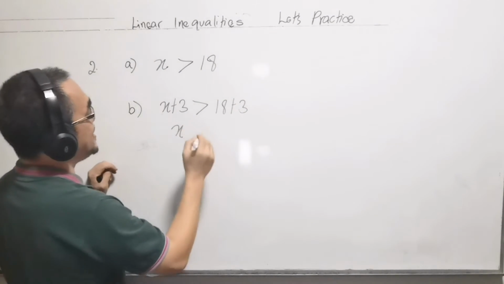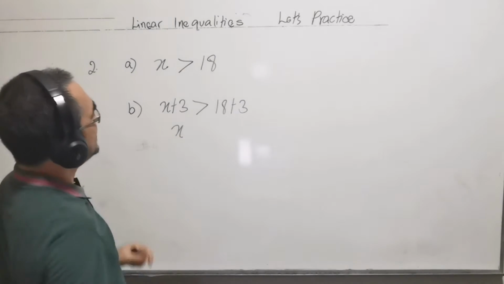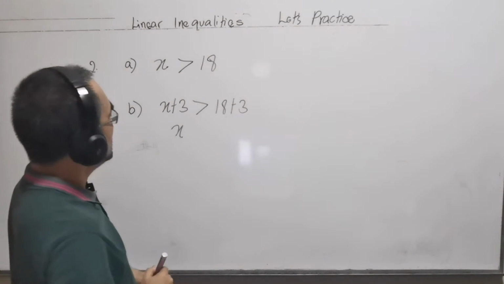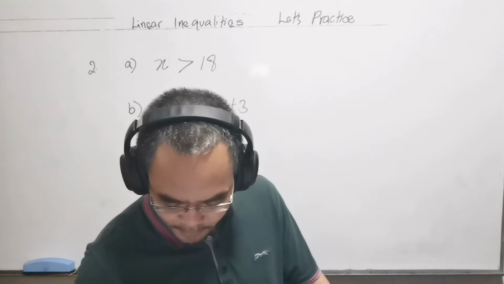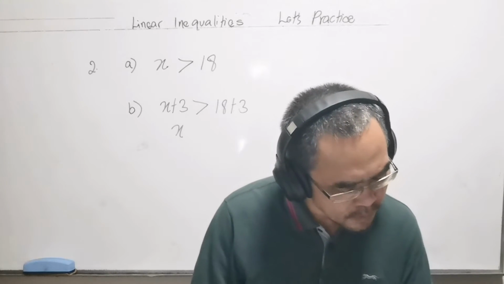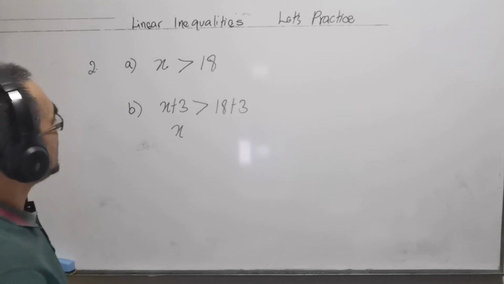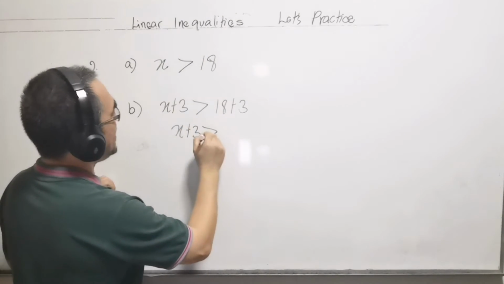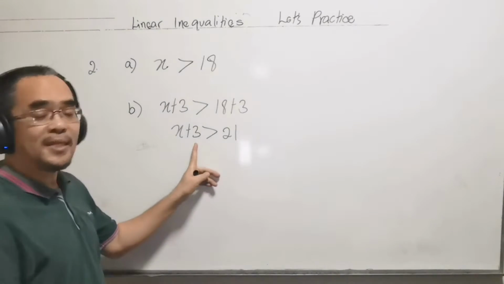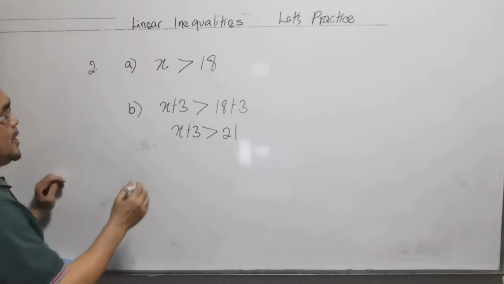Alright, so X plus 3 is larger than 21. So X is still larger than 18 if you bring this 3 to the other side. Alright?